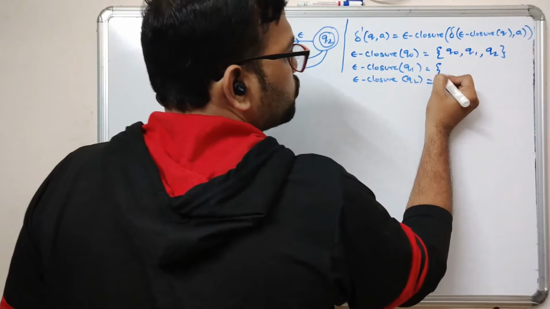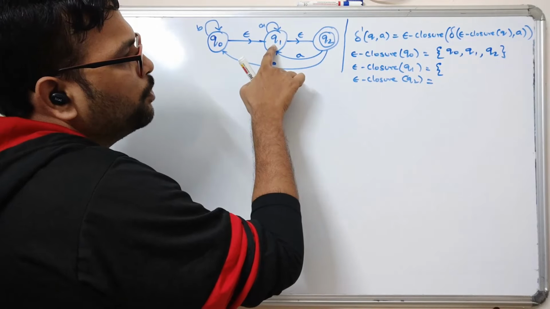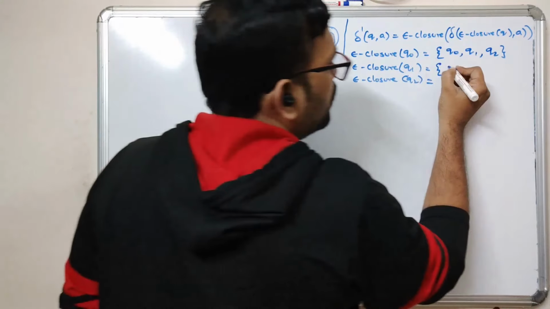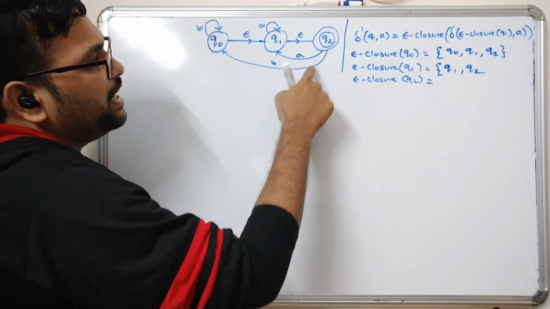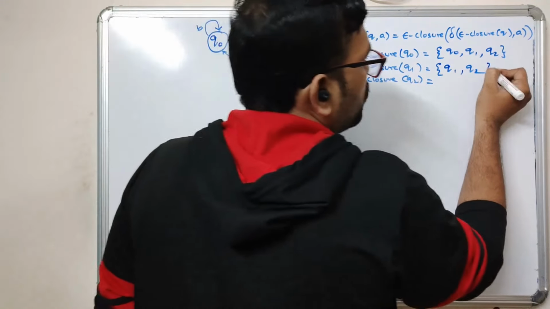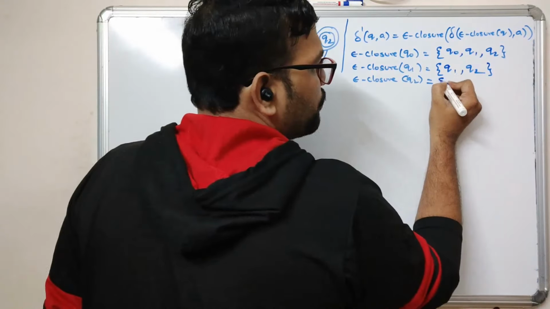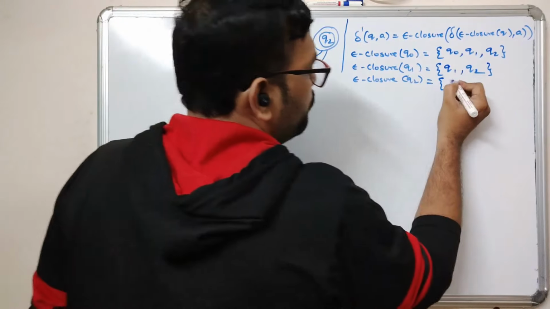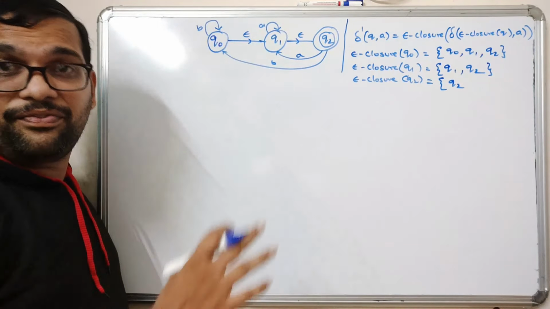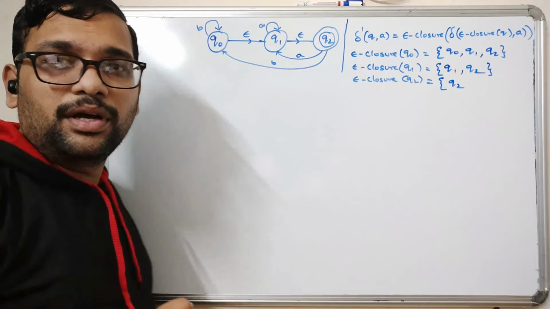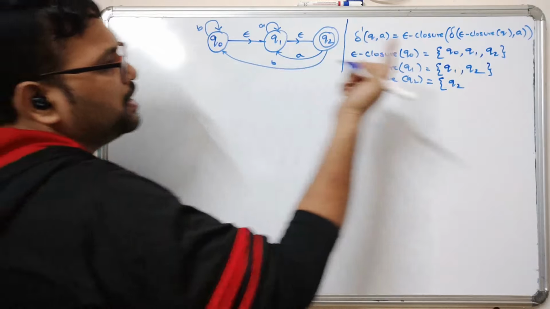Now epsilon closure of q1. From q1 you can move to q2 with the epsilon move. So first let us write q1 and next q2, and from q2 is there any epsilon move? No. So epsilon closure of q1 is q1, q2. Now epsilon closure of q2. q2 itself will be there, because every state has a self transition with epsilon move, and there is no epsilon move from q2.